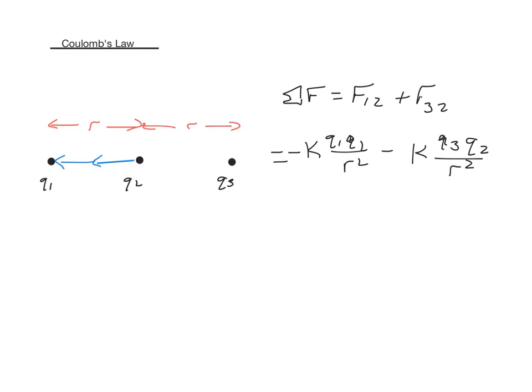And you can see a lot of common factors that you can take out to help simplify the problem. And if we had the values, I'm sure you can handle it from there. And you can get the net force on charge 2.